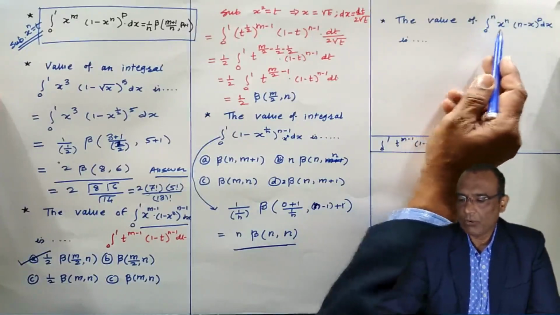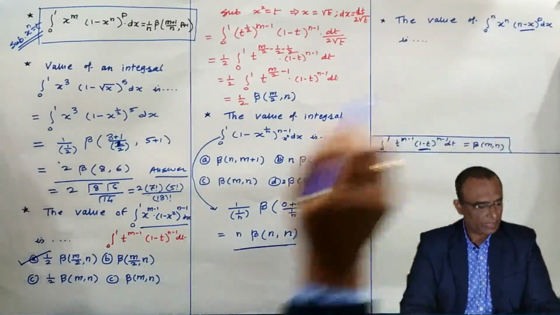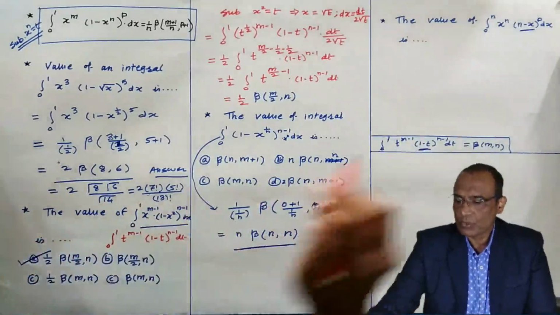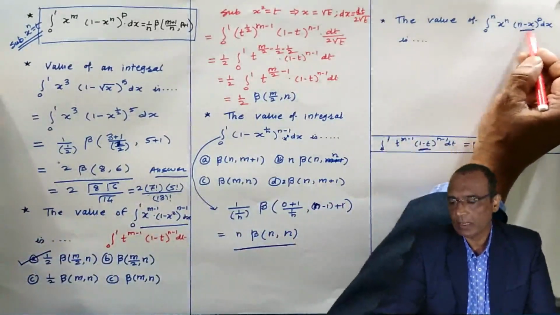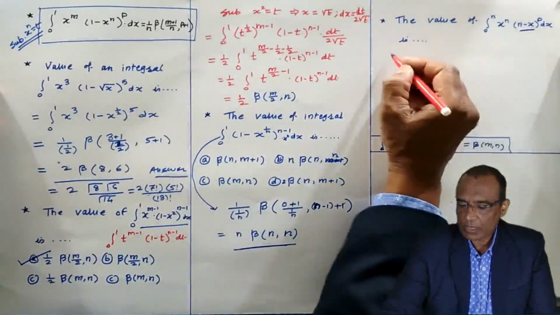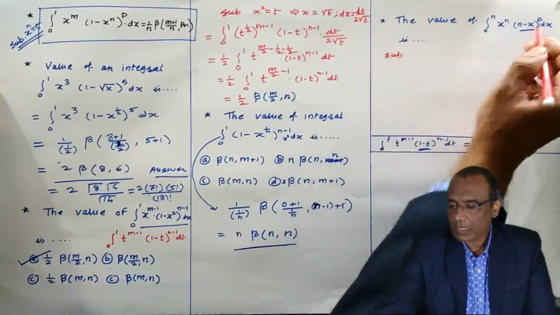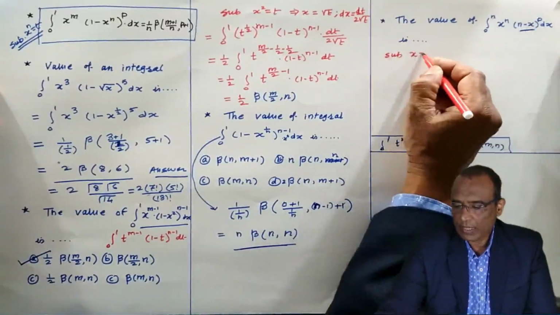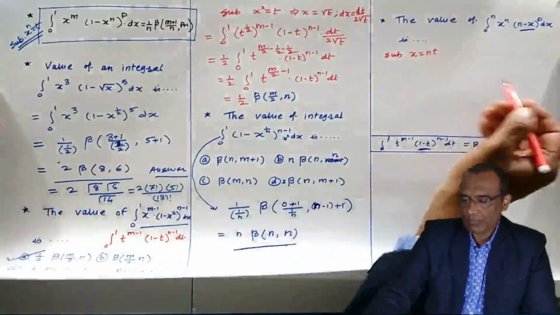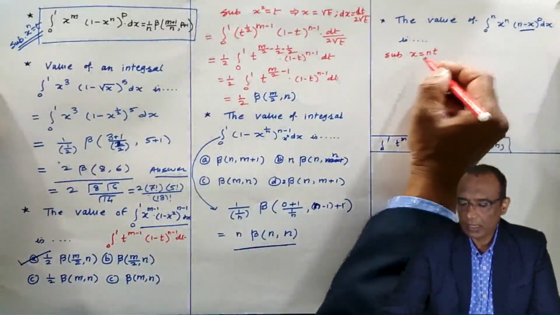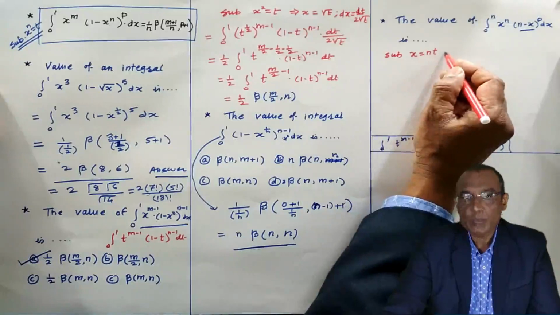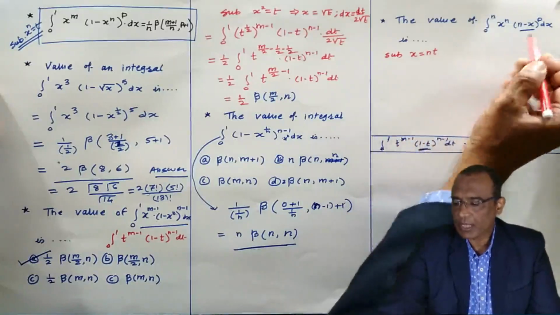For beta function I want 1 minus x. So it is very clear that the substitution, how to get 1 here in this bracket? So if I substitute x equal to n into t, then the limits may get changed. You try to check whether limits are being changed or not.